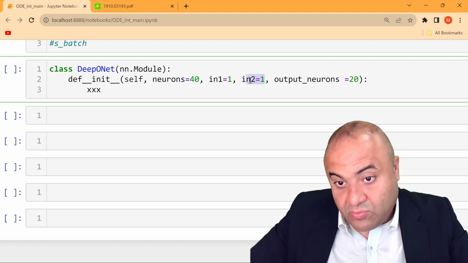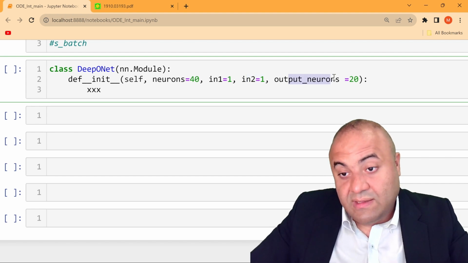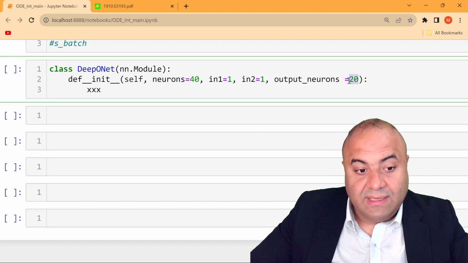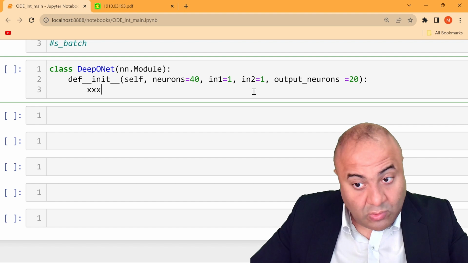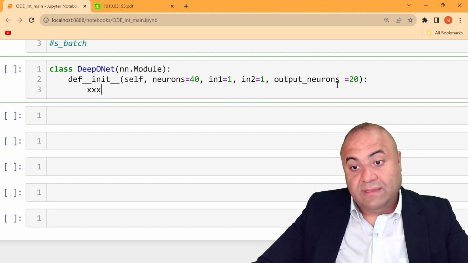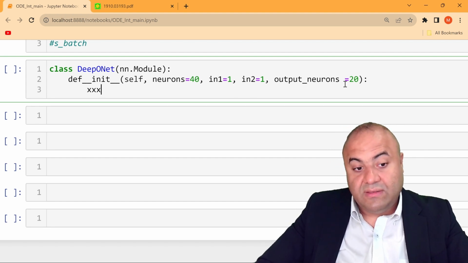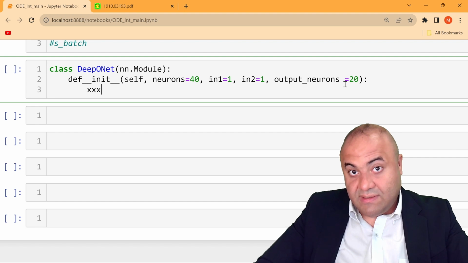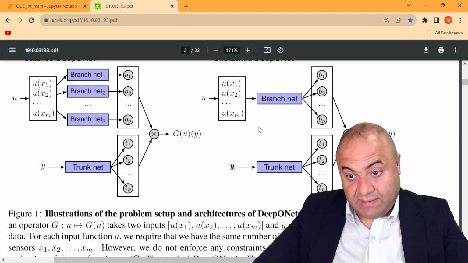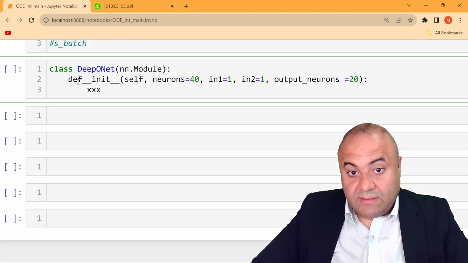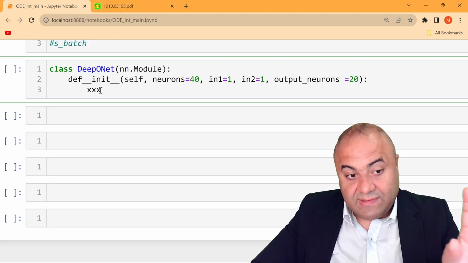So here input 1 and input 2, and output neurons is going to be 20, and 20 is also just another number. These are going to be used in building the branch and trunk network here. So let's do it step by step.